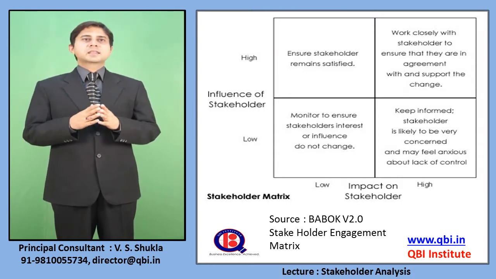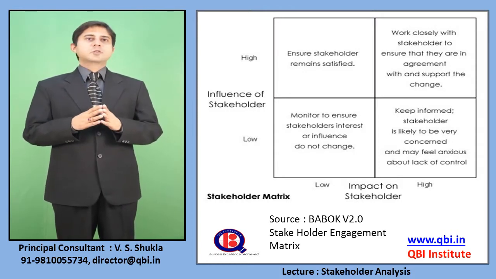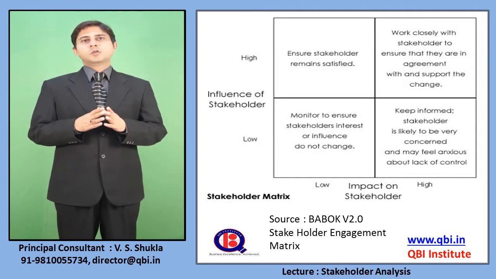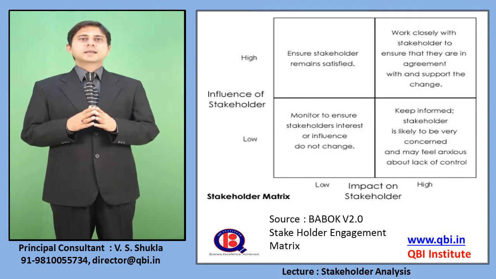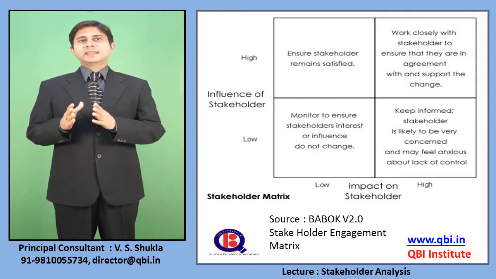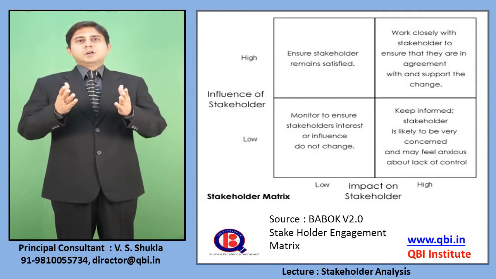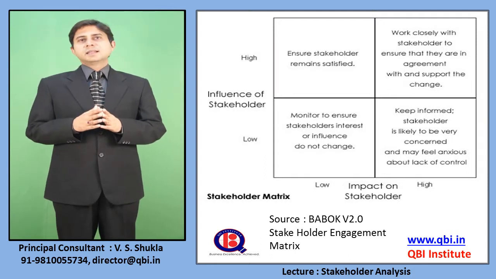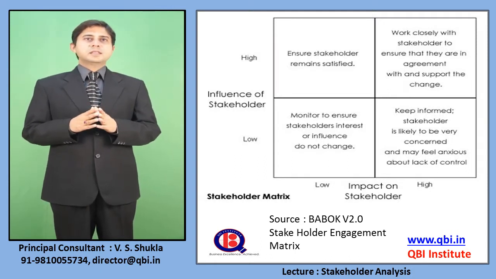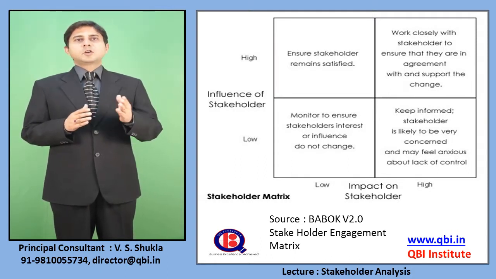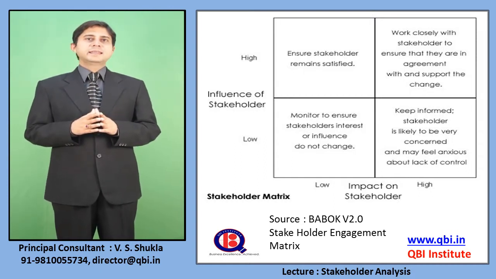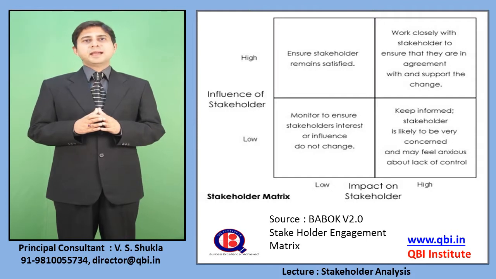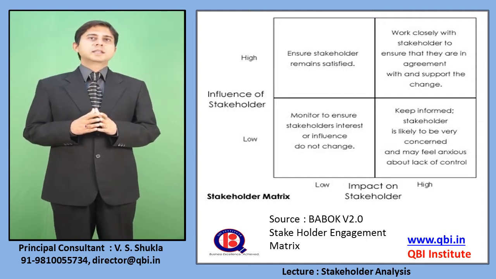On the y-axis is the influence of a stakeholder, which is high or low, and on the x-axis is the impact on a stakeholder, which is again low or high. On this classification you can see there are 4 rectangular boxes, and the top left is the box which is high and low. That is, influence is high but the impact on the stakeholder from the solution is low.